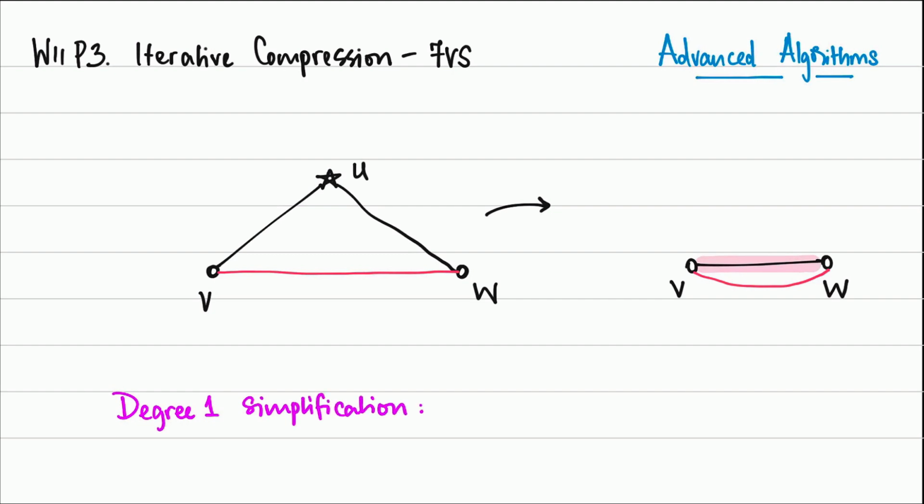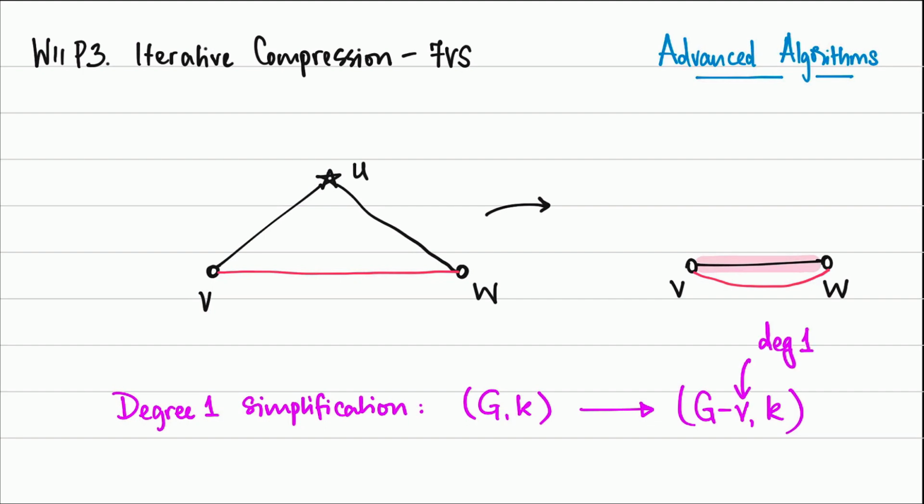is simply that if you have a vertex that's degree 1, then simply remove it from the graph and nothing changes. So you can go from (G, k), an instance of FVS, to (G minus v, k) if v is a degree 1 vertex.